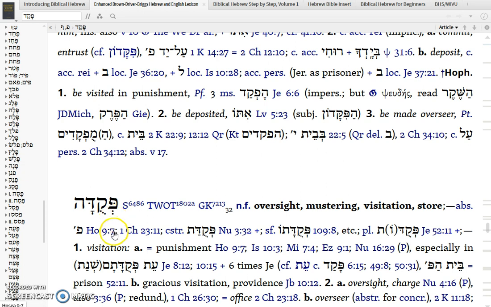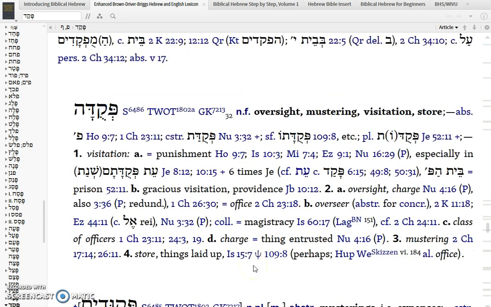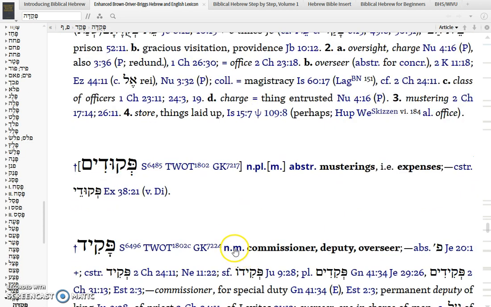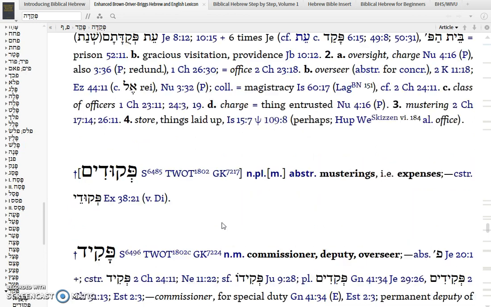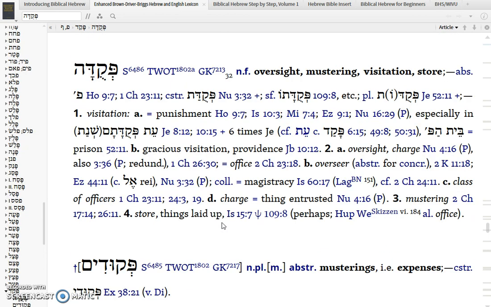And so here you have pekudah, oversight, mustering, visitation, or store. And then here you have pekudim, musterings or expenses, and pakid, a commissioner, deputy, or overseer, and so forth. So in this particular dictionary, it actually lists everything by the root.